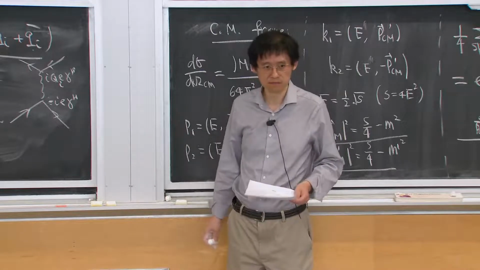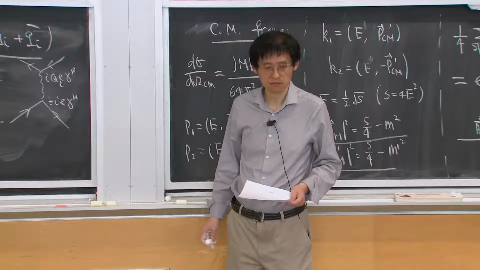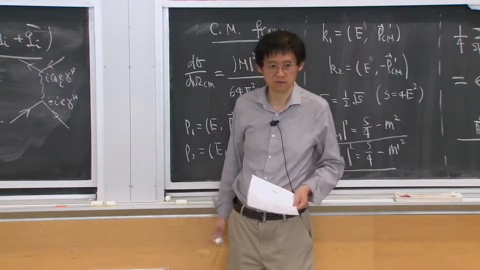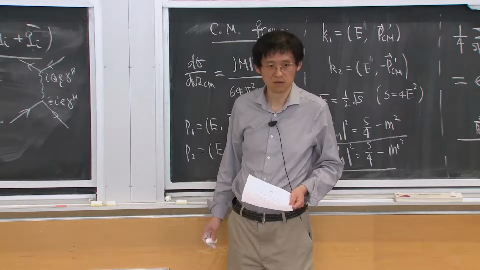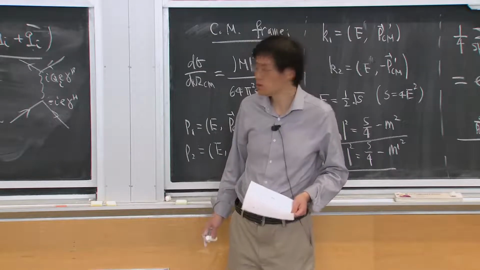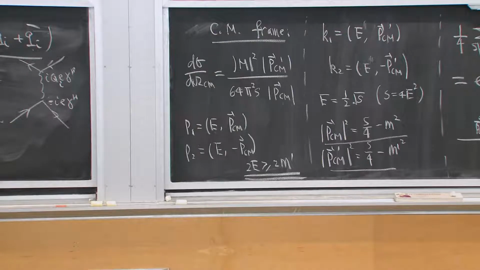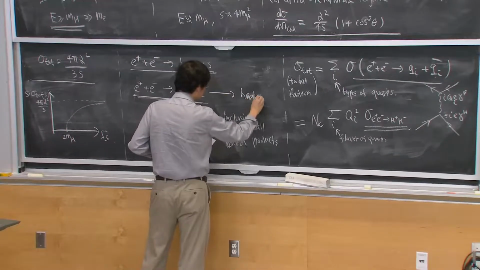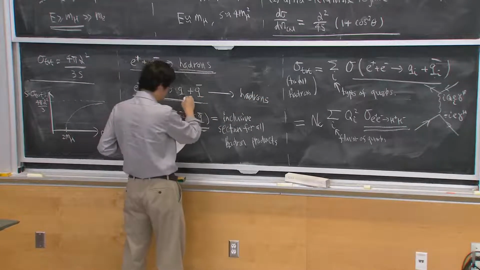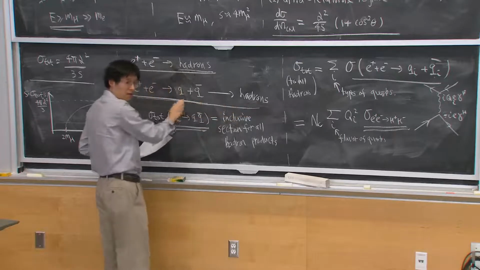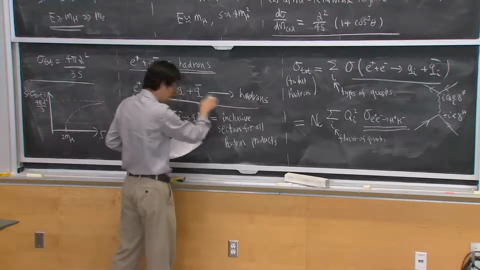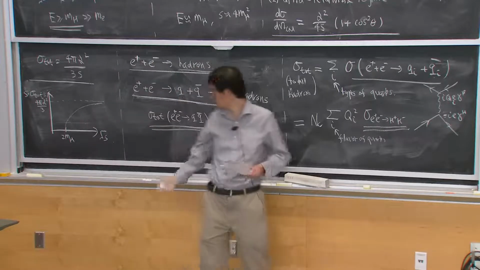As I said earlier, we only need to worry about this process, and the process into hadrons is complicated, but it happens with probability 1. So if we calculate this probability, then we know the total probability.